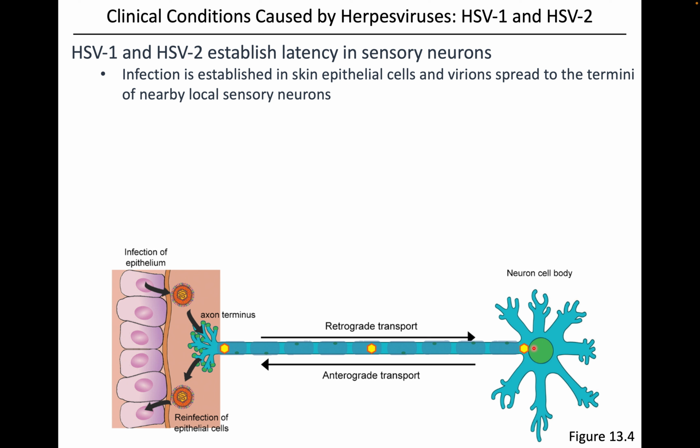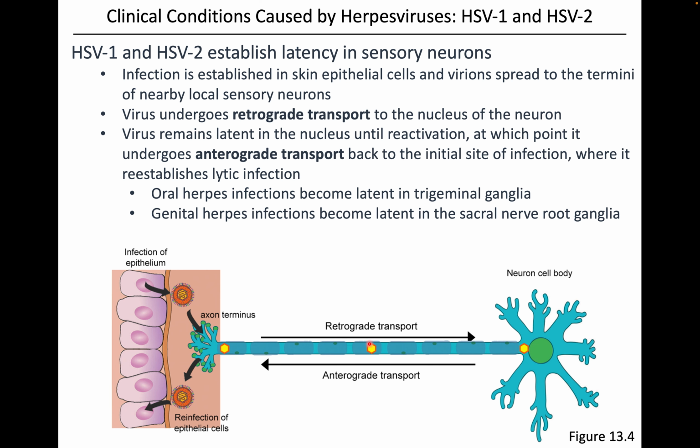And so that's going to be the latent stage. And then upon reactivation, you'll undergo anterograde transport back down the axon, right? Basically exit out into the epithelial cells and reestablish lytic infection at that point, resulting in another round of lesions and sores.